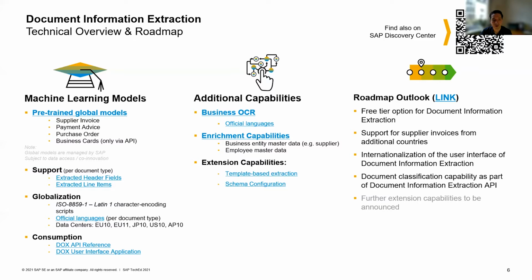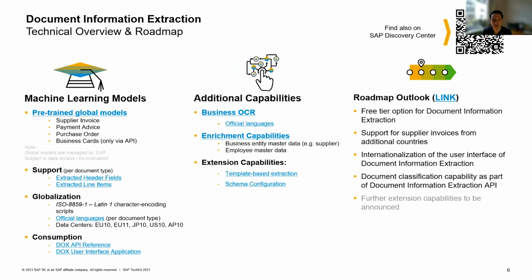Next to those machine learning models that are pre-trained, we also provide some additional capabilities within the service. So first of all, I wanted to mention our business OCR engine, which is embedded into the service. Since if you want to process unstructured documents, you need to extract the text from these documents first.